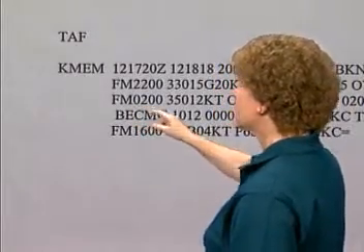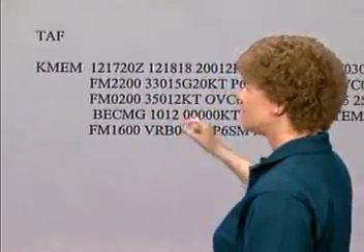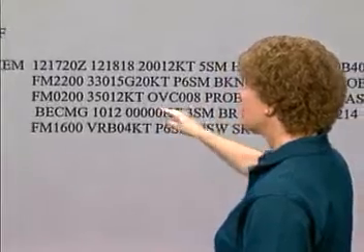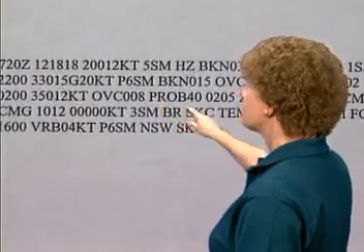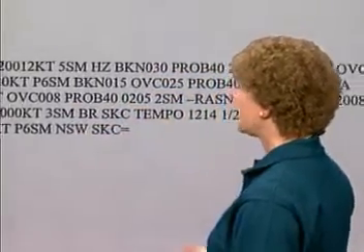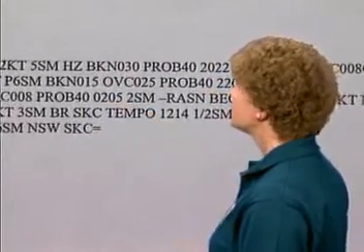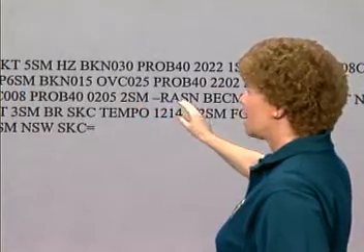for snow. Now let's take a look at the beginning of the next line where you'll find another FM grouping. Beginning at 0200 Zulu, they're forecasting a wind from 350 degrees at 12 knots, and a cloud layer, an overcast layer with bases at 800 feet, with a 40% probability that between 0200 Zulu and 0500 Zulu, the visibility will be 2 statute miles with light rain and snow.